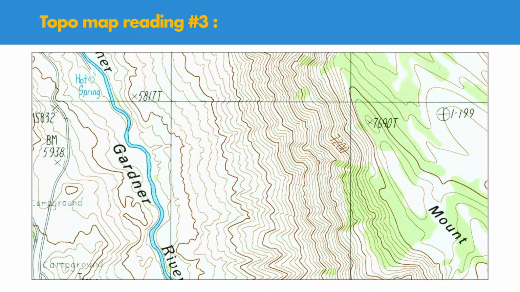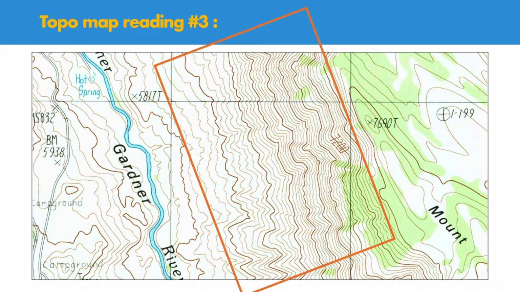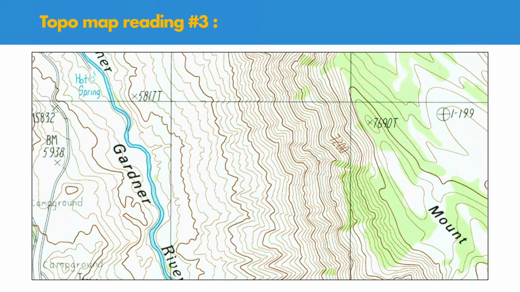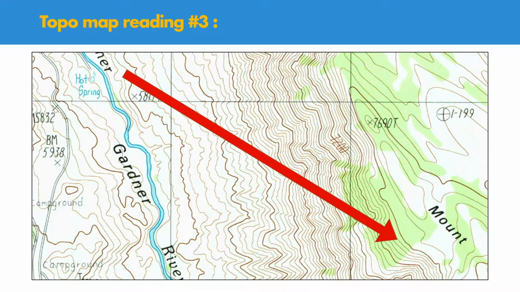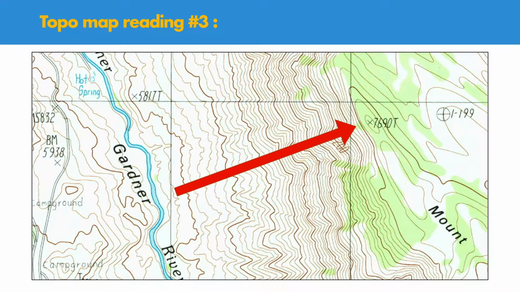Then it starts going up to the flat area. It's not quite a flat area, but one with not much elevation change, because the contour lines are far from each other, unlike this place. I don't know how to explain this. Using this map excerpt as an example, going up this way is easier than going up this way. If you know how to explain this, you can use the comment section below this video and help us.